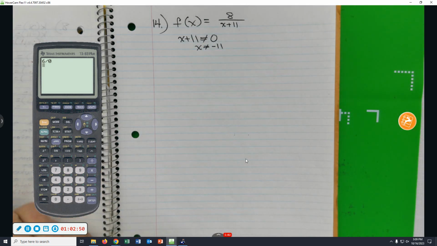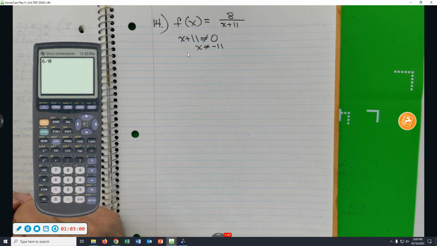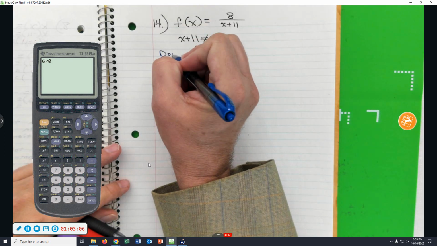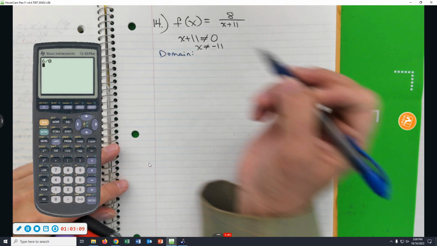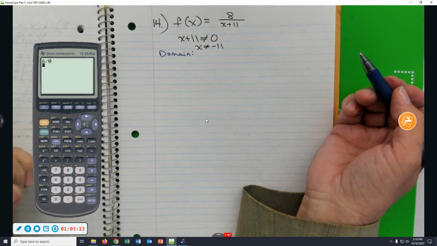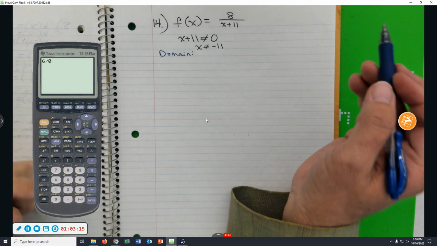Could you plug in 50 million for x? Yes. Could you plug in 7 for x? What's the only number you can't plug in for x? Negative 11. I like to write out the domain in words. In this case, the domain, what numbers can we plug in for x? You can plug in any real number except for negative 11.